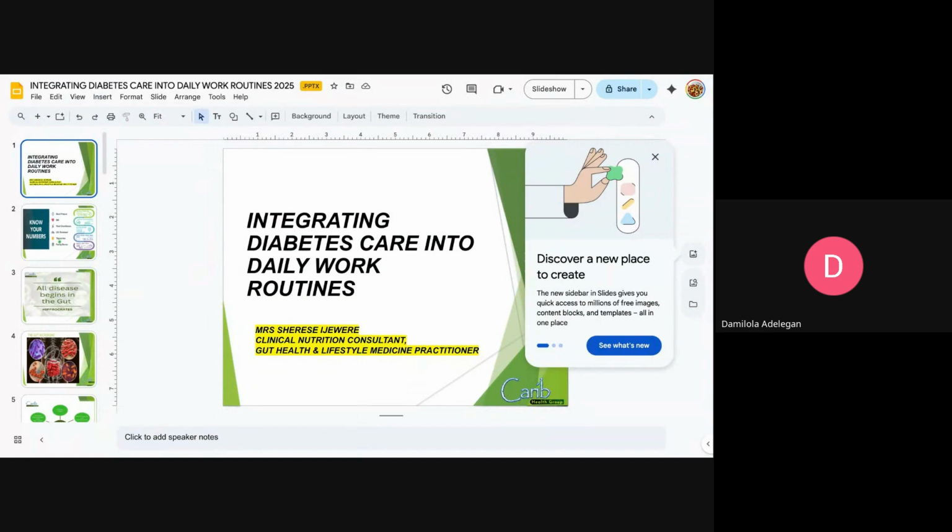It's still not moving. Can you click on the slideshow at the top right? It's not even allowing me to.